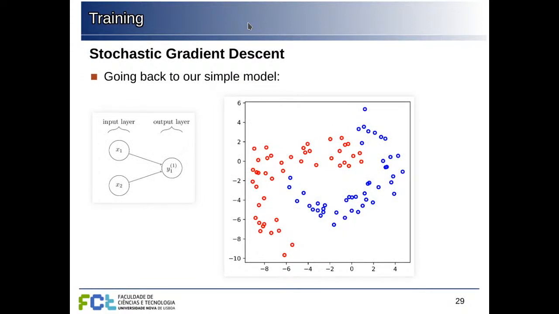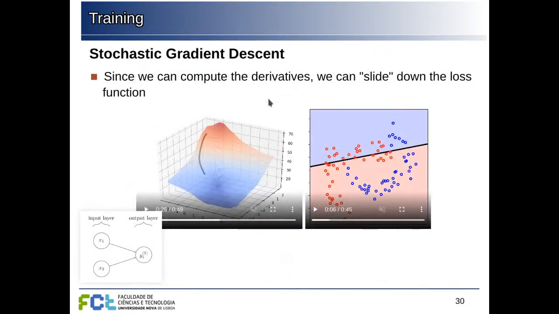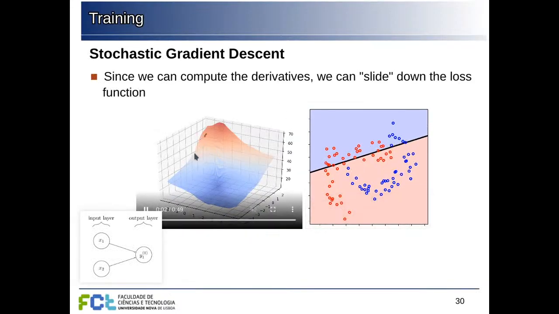So now we can use stochastic gradient descent to train this very simple model. We can use the information on the gradient to adjust the parameters in our model. So since we can compute the derivatives, we can now slide down the loss function.